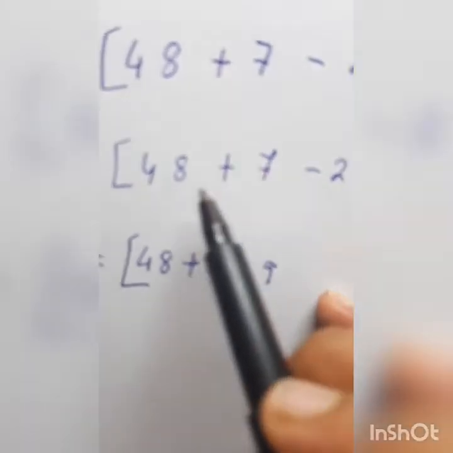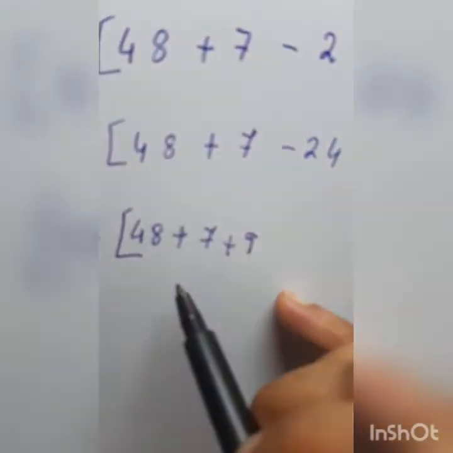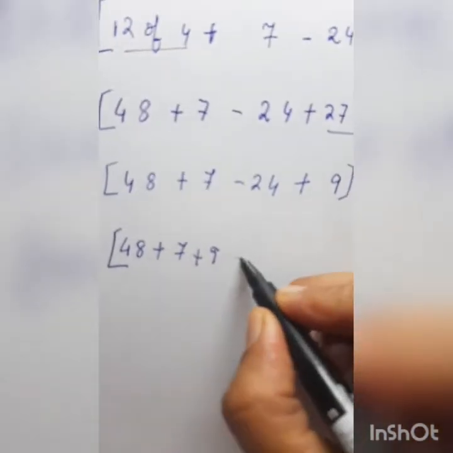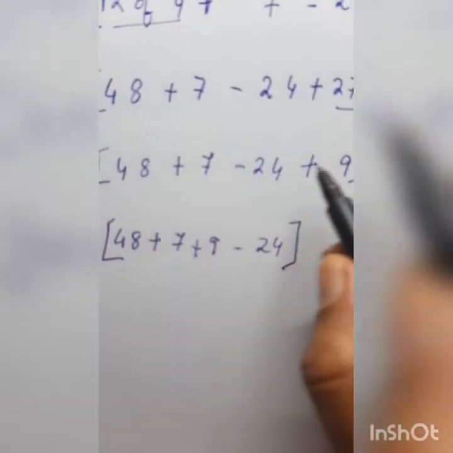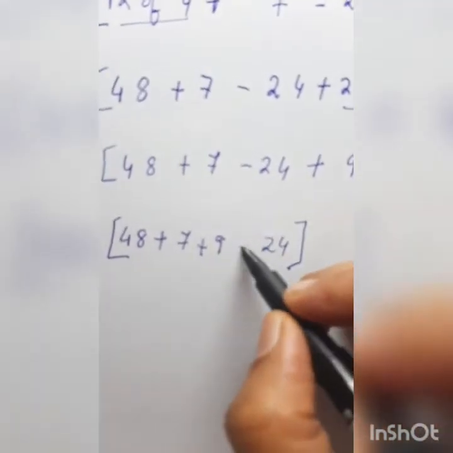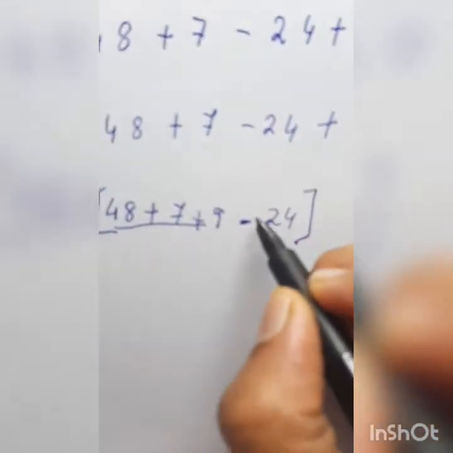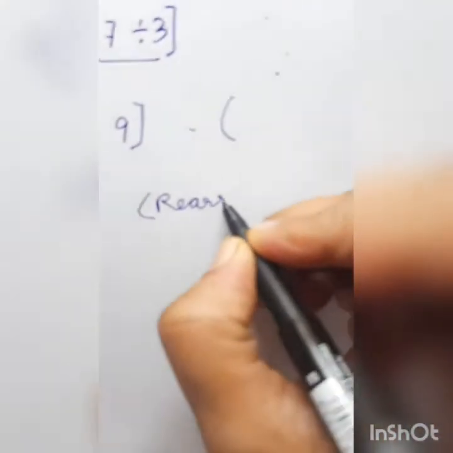The numbers with the plus sign before, I'll bring it here. So 48 plus 7 plus 9 minus 24. Okay, 24 is not plus here, 24 is minus. So all the numbers with the plus sign together and all the numbers with the minus sign afterwards. This is called rearrange.